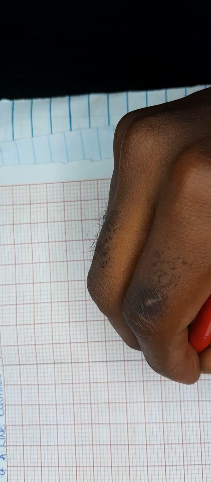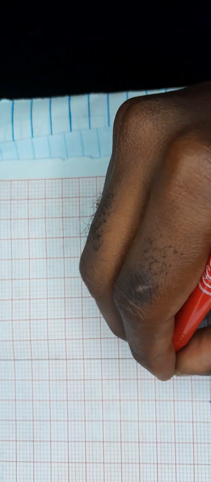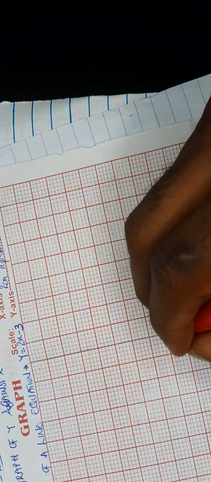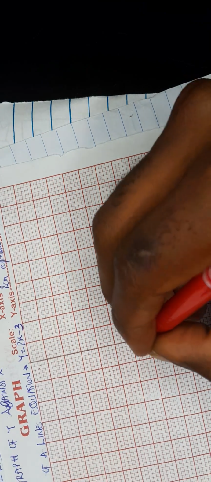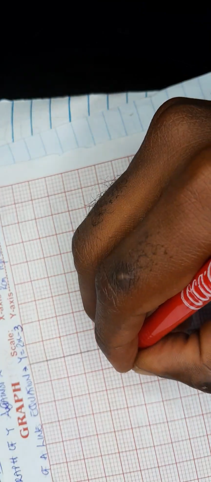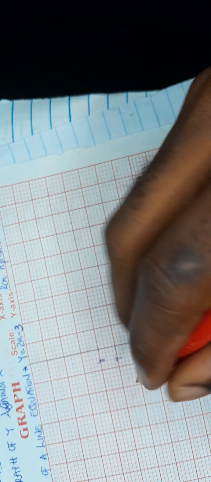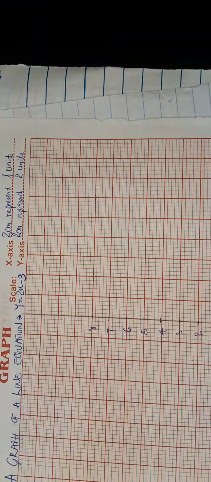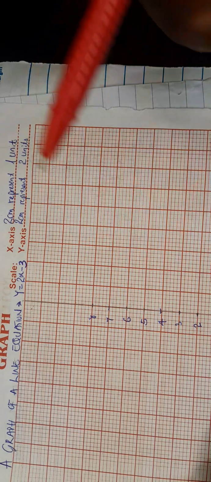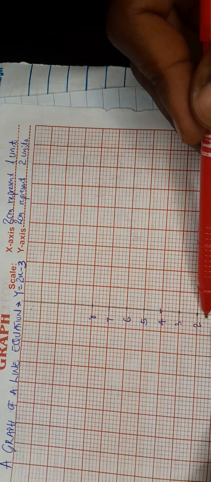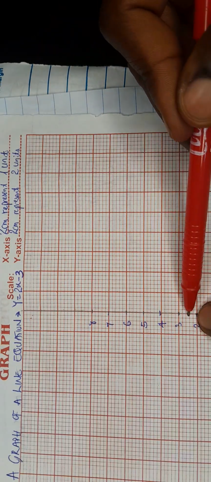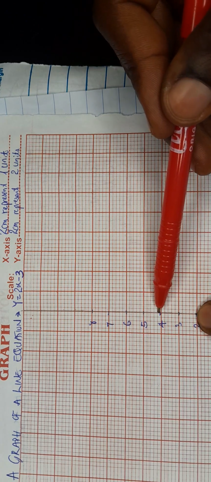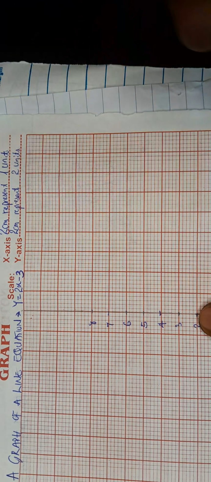So if this is 1, this is 2, this is 3, 4, 5, 6, 7, 8. Now I want you to look at it. 2 centimeter, now it's 2 boxes. 1, 2, this is 2 units. 1, 2, it's moving in the order of 2. So it means 2 centimeter represents 2 units.